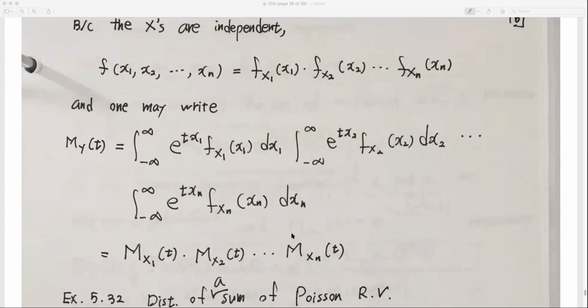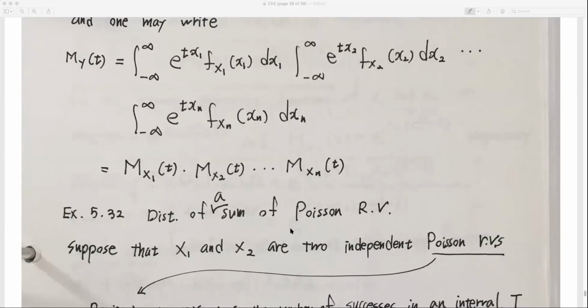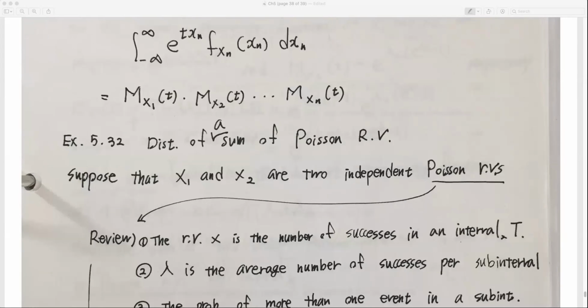That's why the moment generated function of a linear combination of the Xi is the product of the moment generated functions of the Xi.